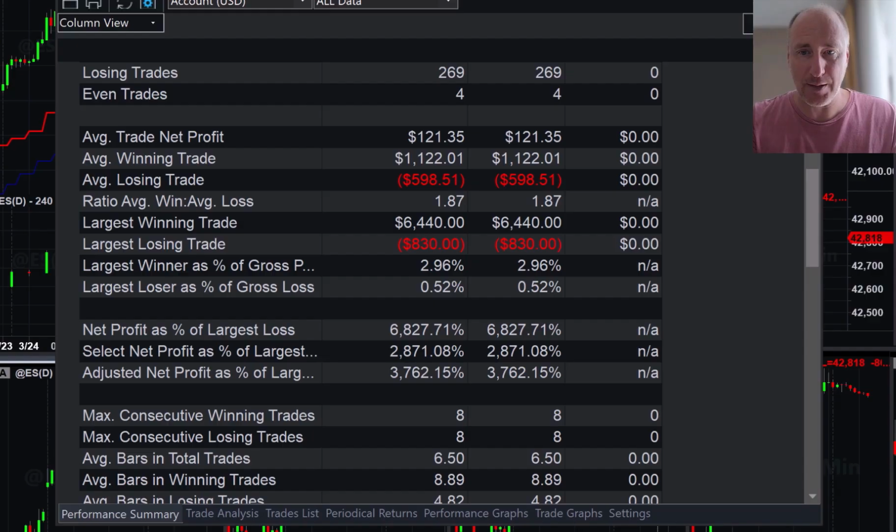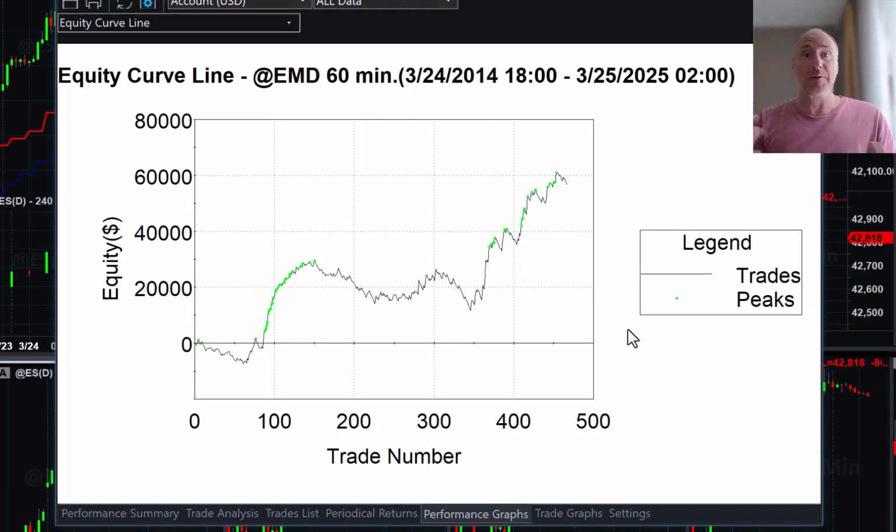So the average trade jumped from 114 to 121. Well, that's not bad. The equity curve looks quite similar. We probably filtered out just a few trades, but again, there still is a small improvement, not a massive one. So definitely some small value here as well.